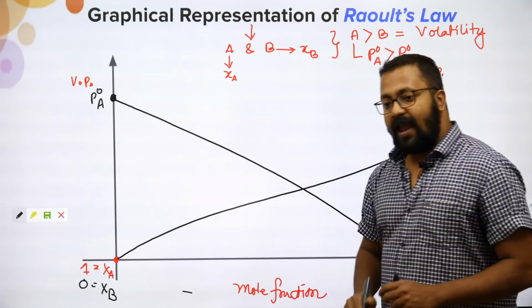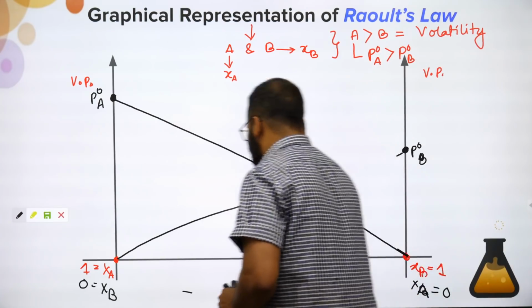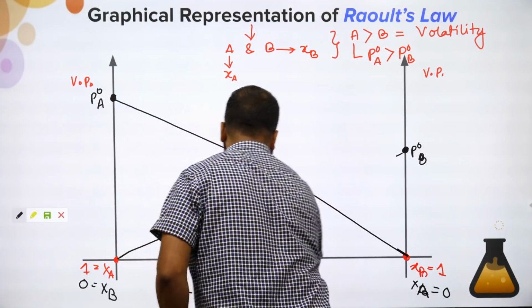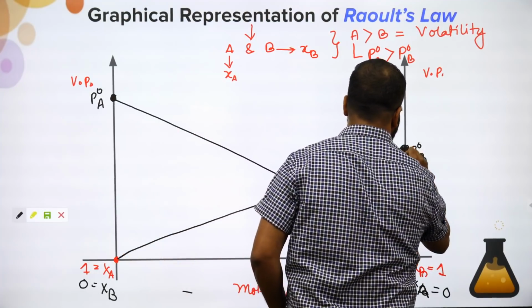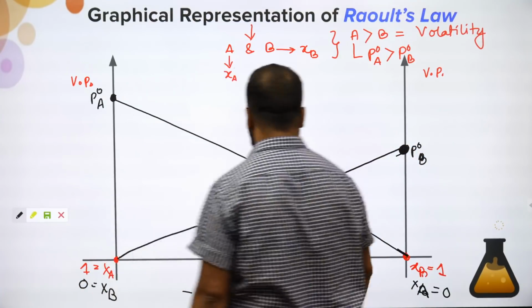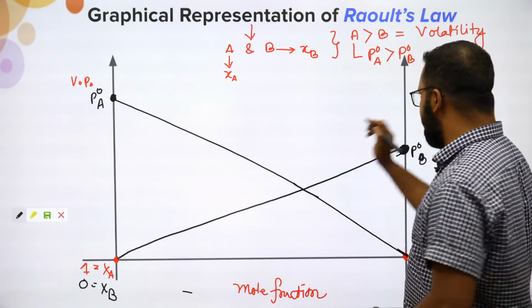Now why would I be getting a straight line? This has to be a straight line. Why should it be a straight line?